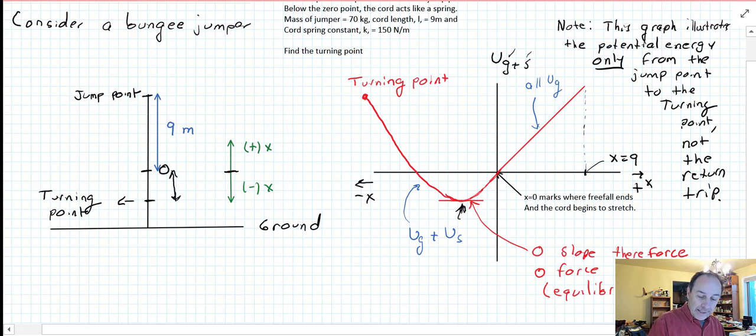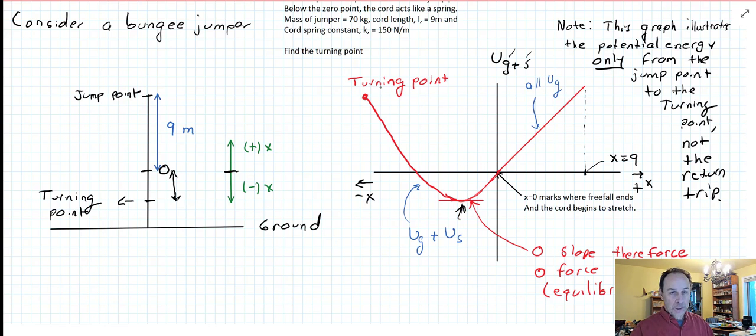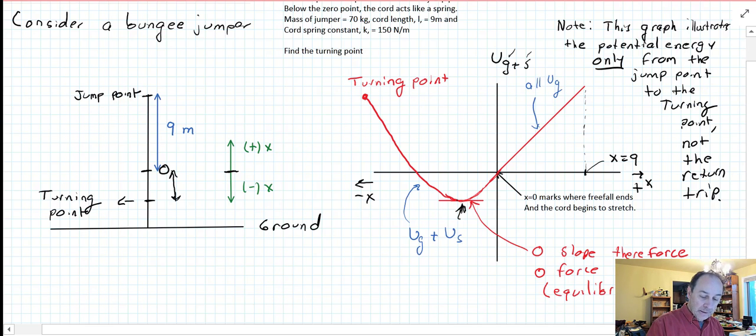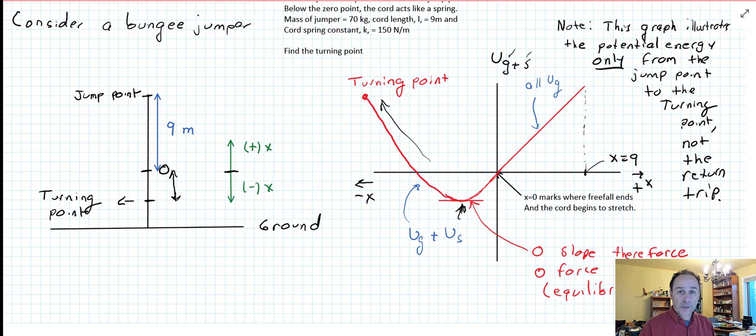And the potential energy of the system starts increasing again as the spring gets stretched. As it's stretched, it's storing energy. So the potential energy on this left curve here is mostly due to the spring storing energy.